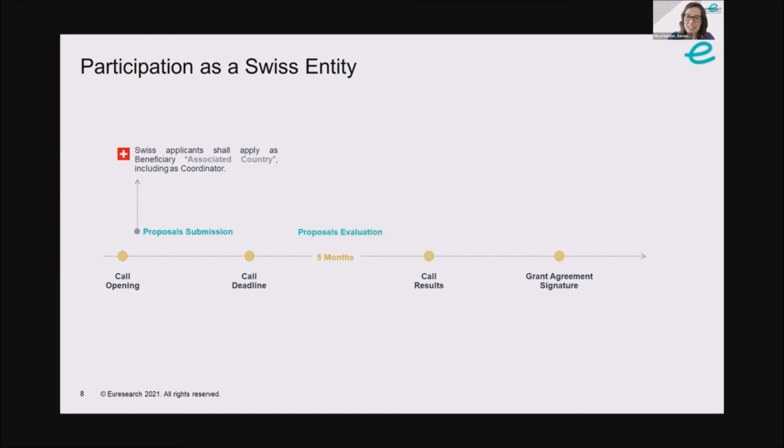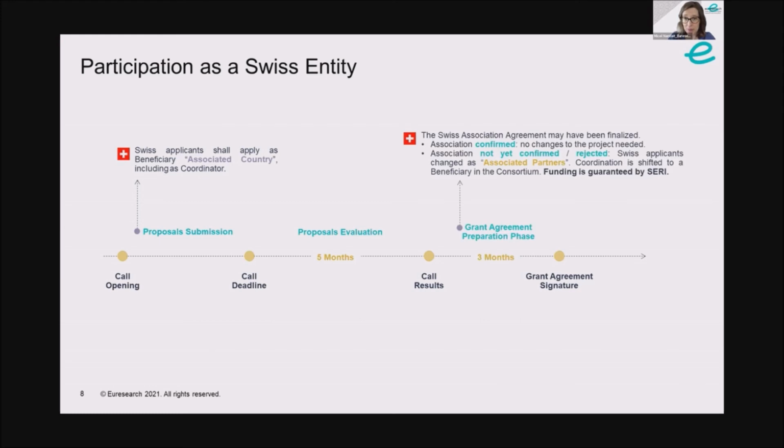Wait 5 months for the proposal evaluation, and once you get your call results, in case of a successful proposal, you will start the grant agreement preparation phase. This lasts about 3 months, and in these 3 months, if the association of Switzerland to Horizon Europe is confirmed, you're perfectly ready to start with your project with no further changes to your proposal.